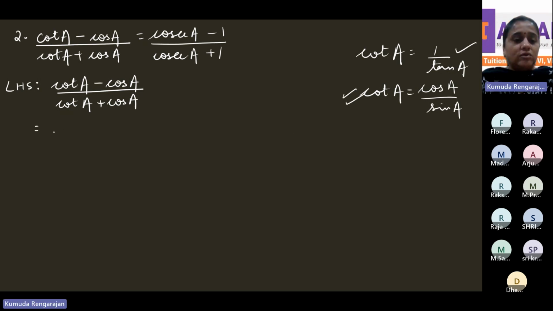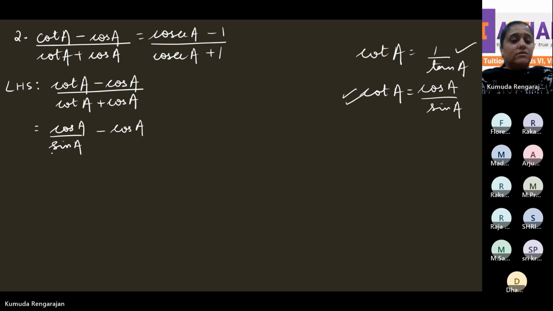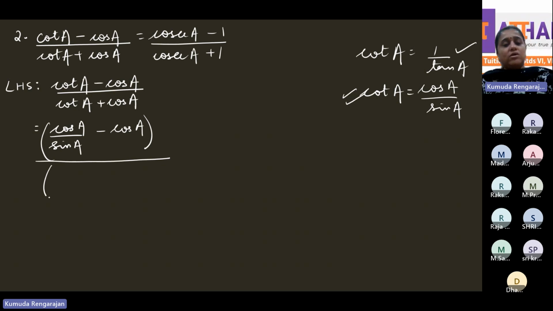So cot A is equal to cos A by sin A minus cos A, that's the numerator, divided by, tell me, what's cot A?